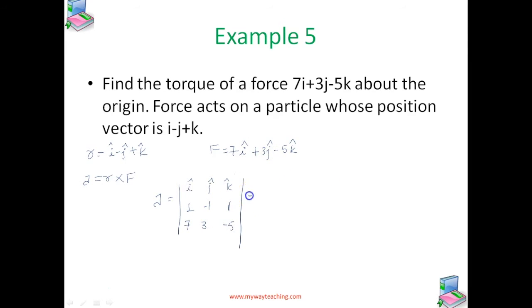And then we can write by first taking i, this one 5 minus 3, minus of minus 5 minus 7 j by considering this minus j, and this one minus 5 minus 7, plus k cap, that is 3 plus 7.